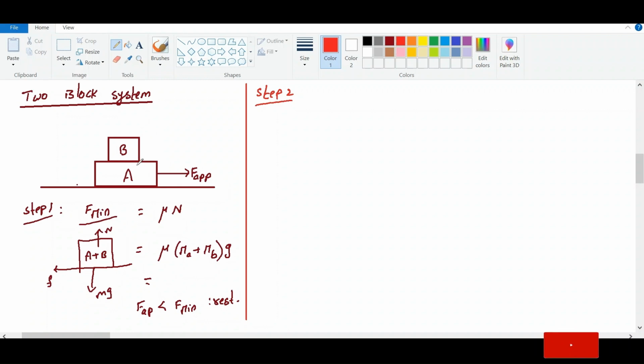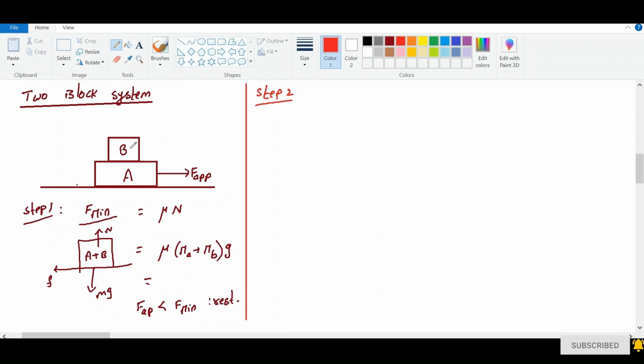Now who is pulling B? There is friction between A and B. Friction acts opposite to the relative motion, or the intention of motion. Block A is moving front, and now you are in block B. Imagine there are two buses, bus A and bus B. Bus A is moving front.